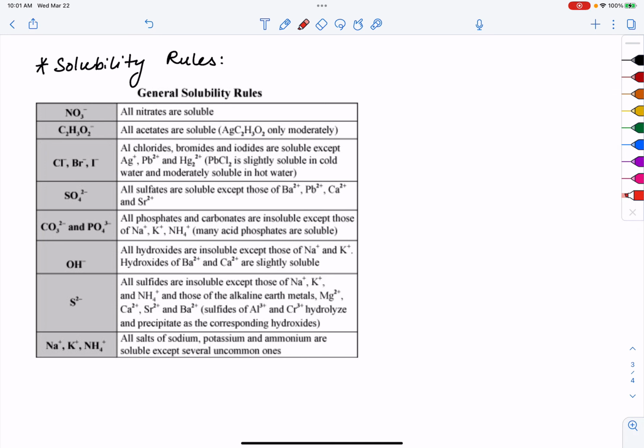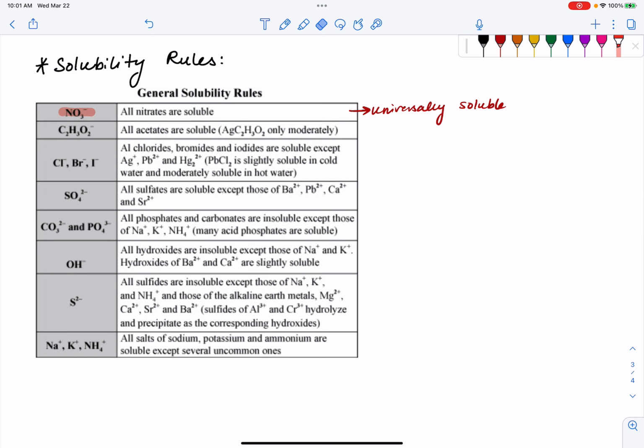So first up, if we were looking at nitrate compounds, all nitrates are soluble. So nitrates are universally soluble, meaning that no cation can couple with this nitrate polyatomic anion to create some insoluble product or some precipitate.